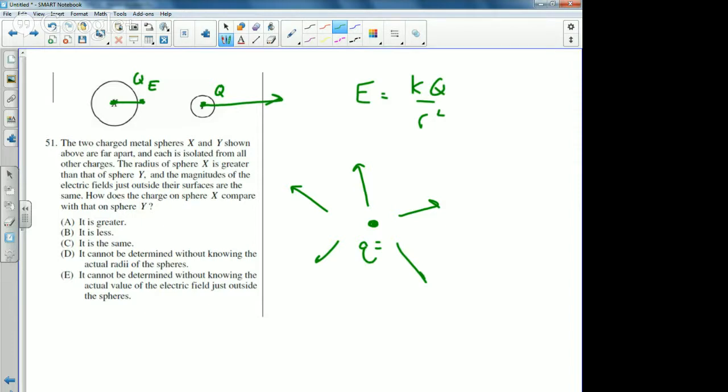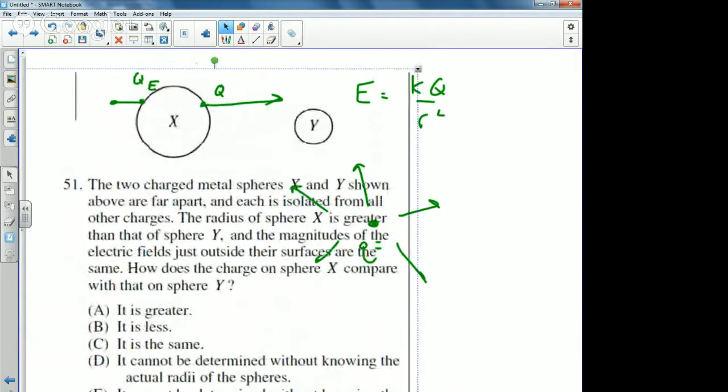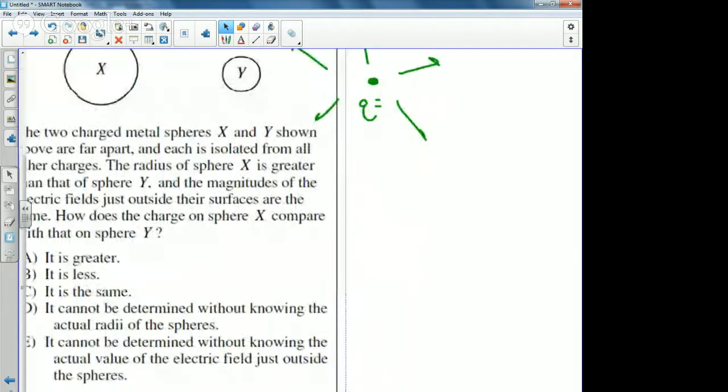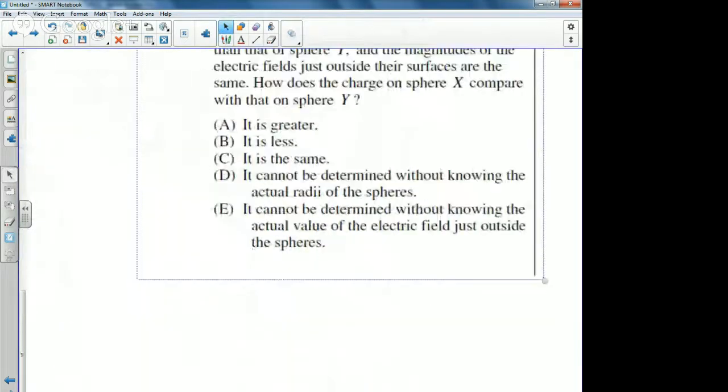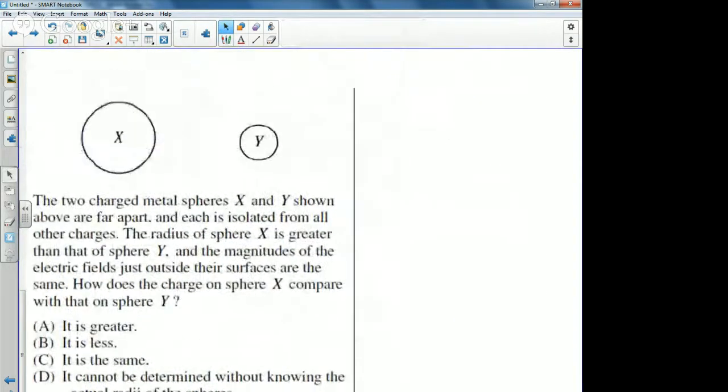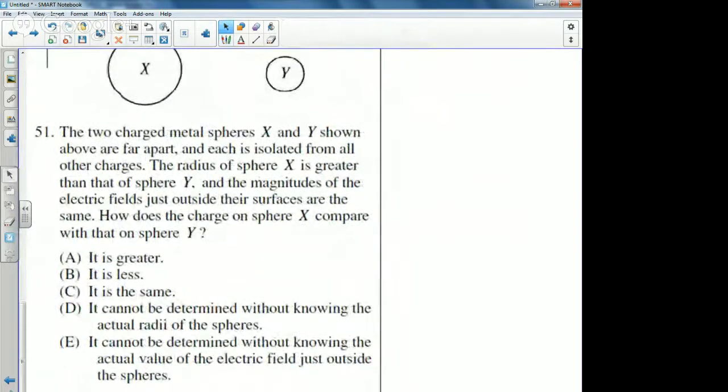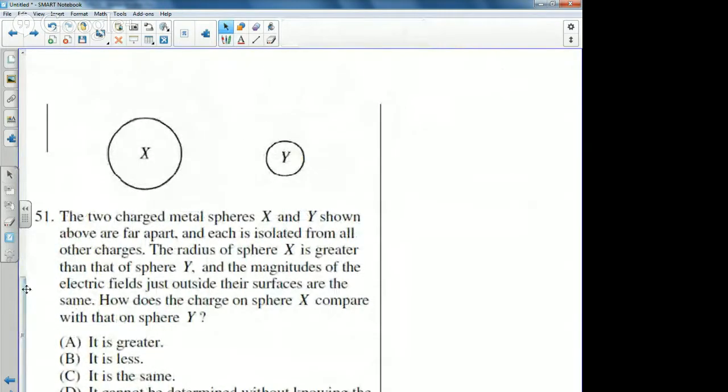Now they're saying that they have the same E at the surfaces. They're saying that the E over here is equal to the E over here. Is it possible for them to have the same charge?